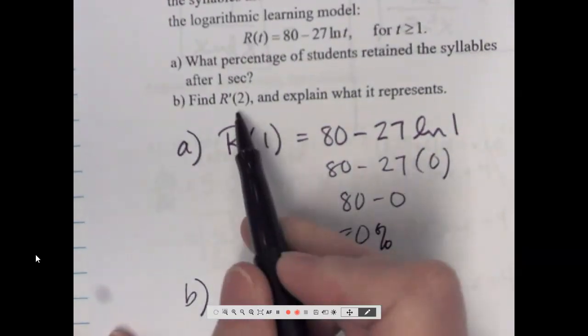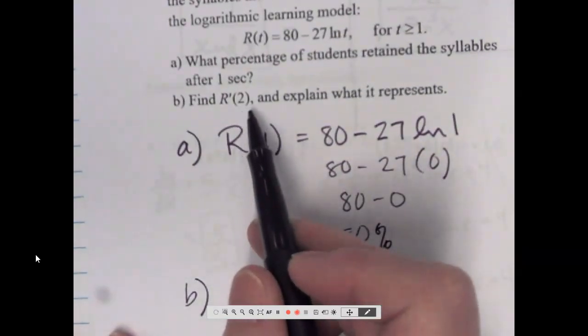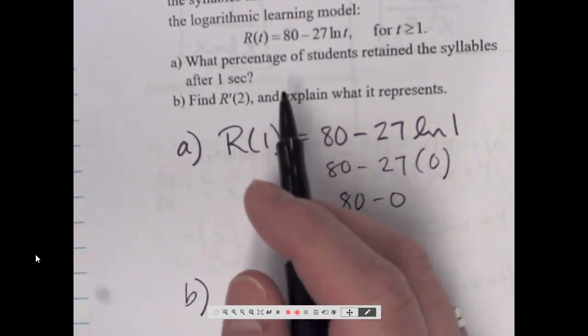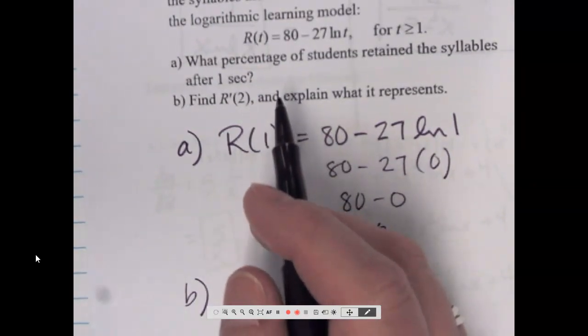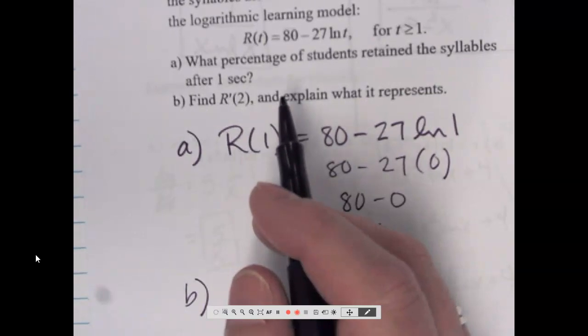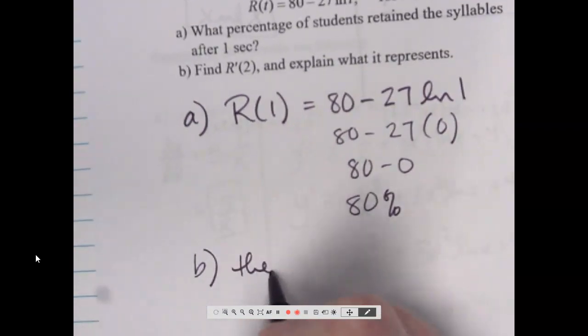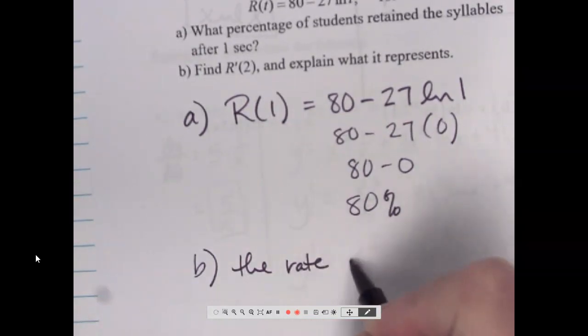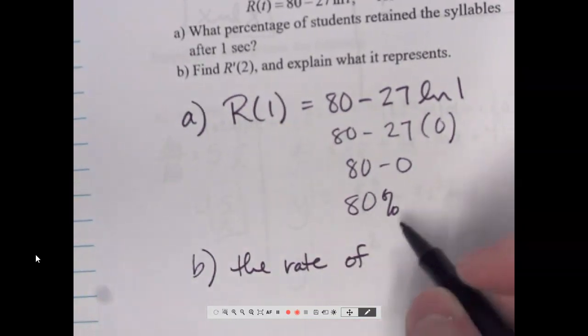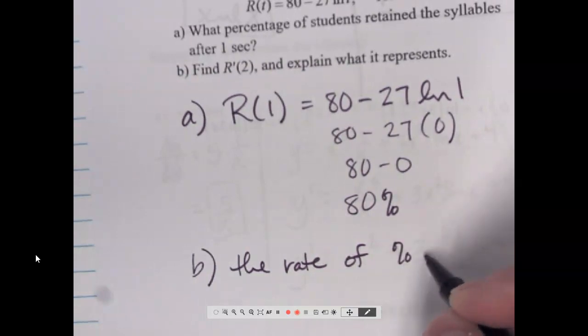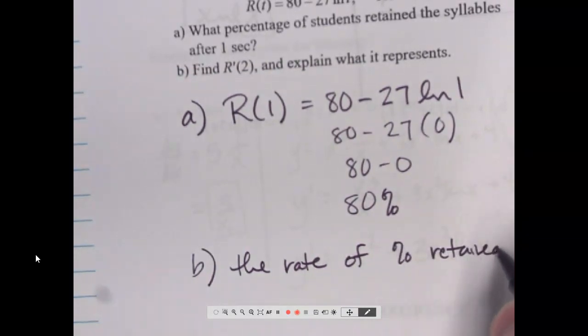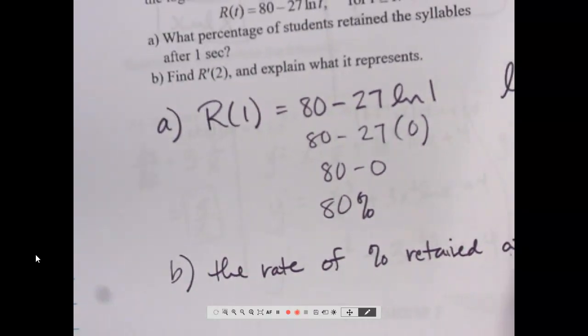Okay, so at 2 would mean what? 2 seconds later, what is the rate that you are retaining these words? Okay, so the rate of percentage retained after 2 seconds.